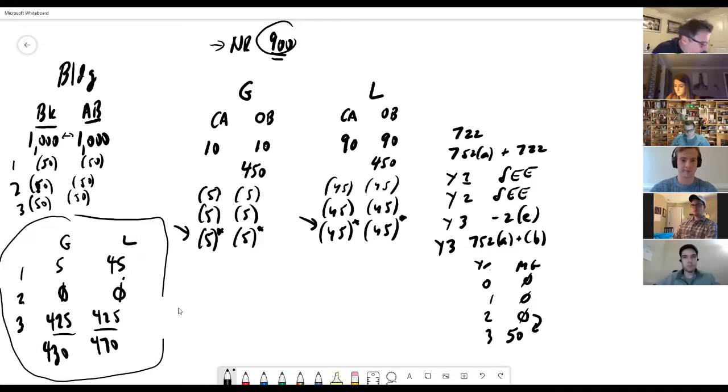So that's a deemed contribution of 20 by L, so L's outside basis goes up by 20.